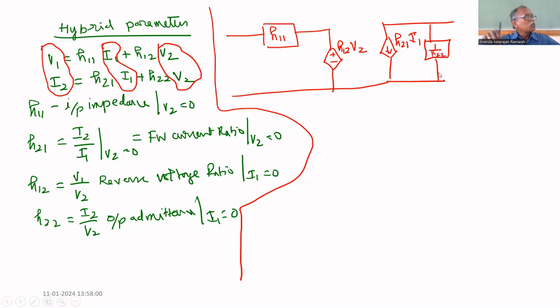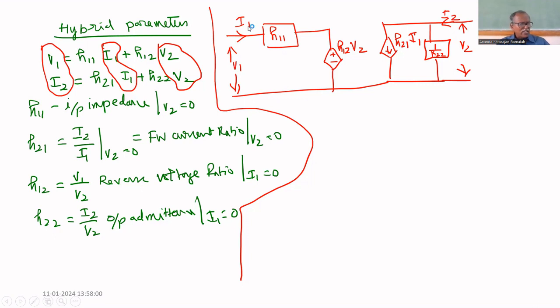Why 1 by H22? H22 is admittance, so to write impedance, 1 by H22. Here current is I2, applied voltage is V1. This is the model.